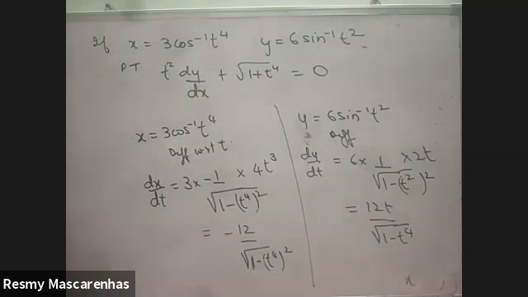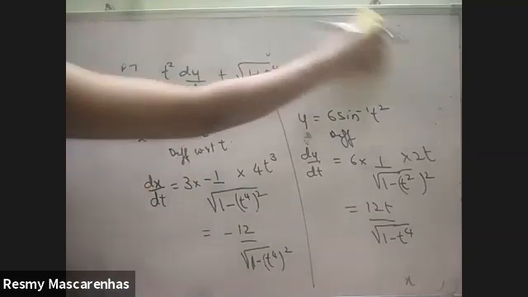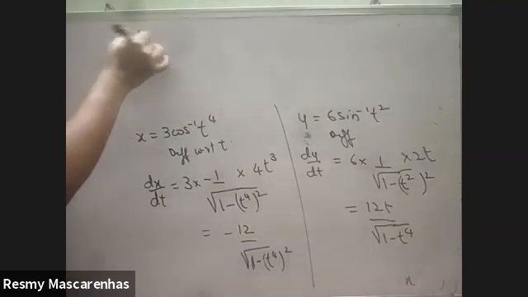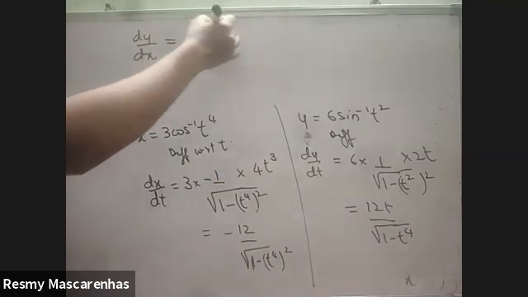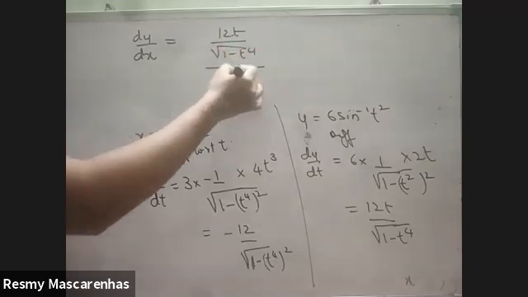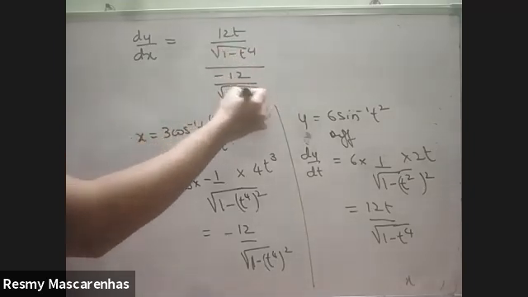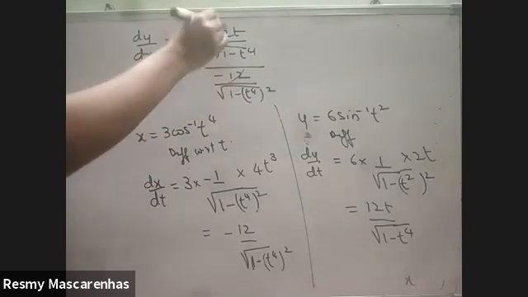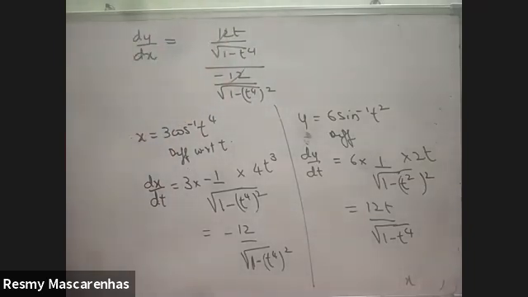And now find dy by dx. So second answer upon first answer. To have alternate you can cancel.